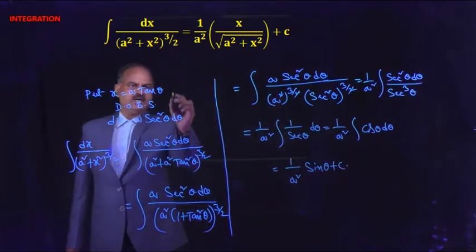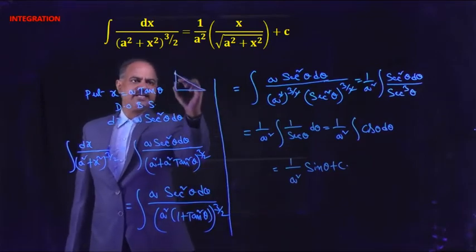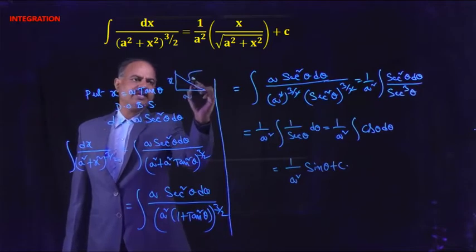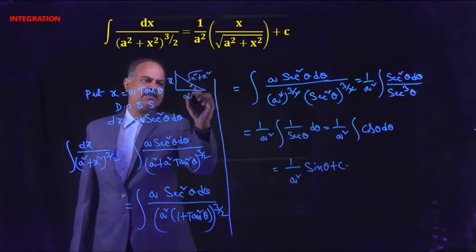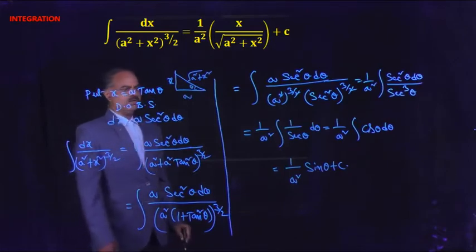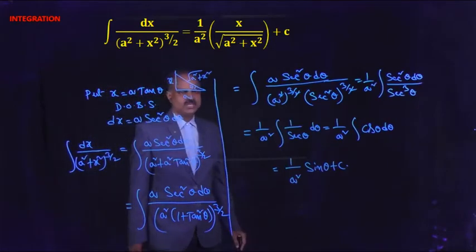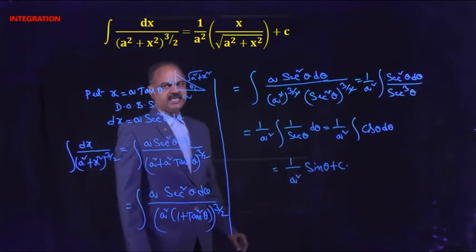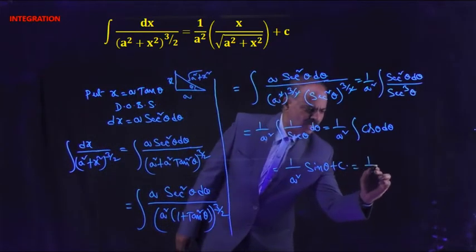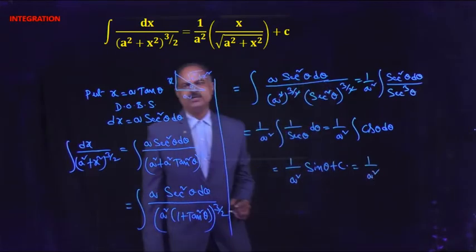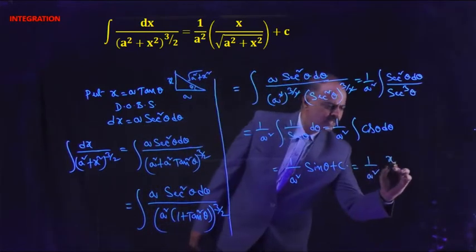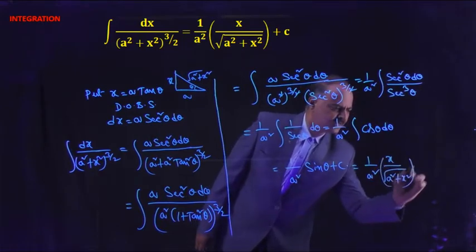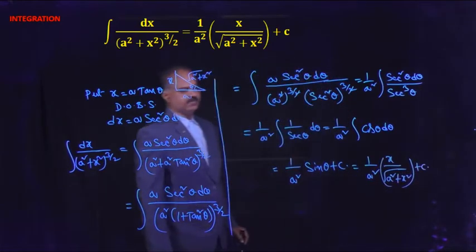So here tan theta is equal to x by a. So the hypotenuse is root over a square plus x square. So here sin theta is equal to x by root over a square plus x square. Now this is equal to 1 by a square into sin theta, which is equal to x by root over a square plus x square, plus integration constant.